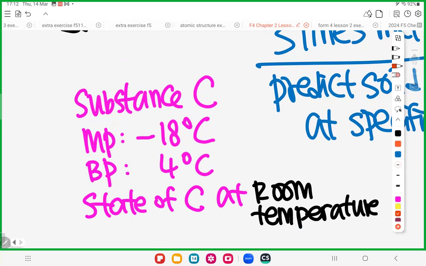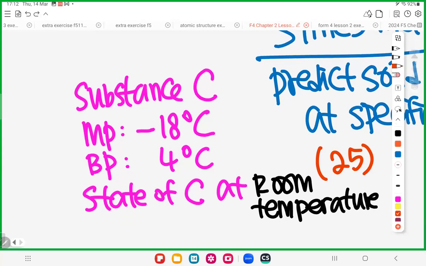First and foremost, everyone, room temperature, how much? Type in the chat box. We mentioned last week. Room temperature, how much it is? Very good. 25. Understand? Not 27, not 24, not 37. No, 25. Room temperature, always assuming 25. So how to predict the state?